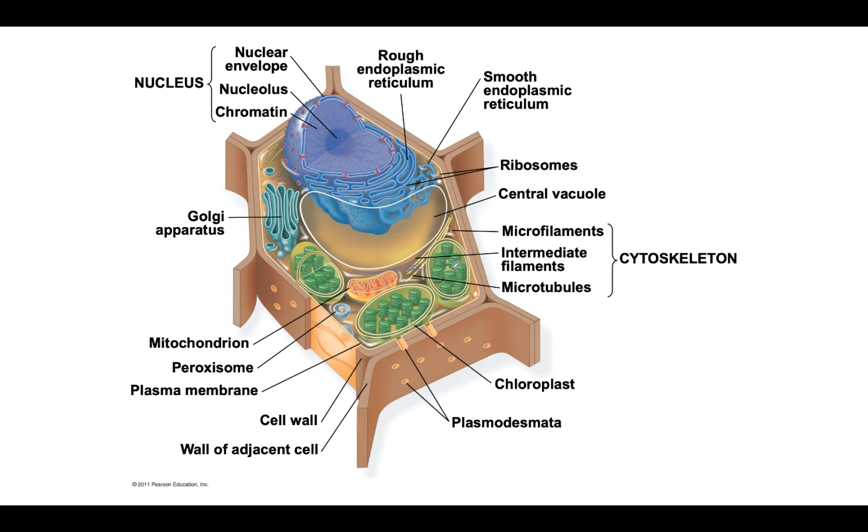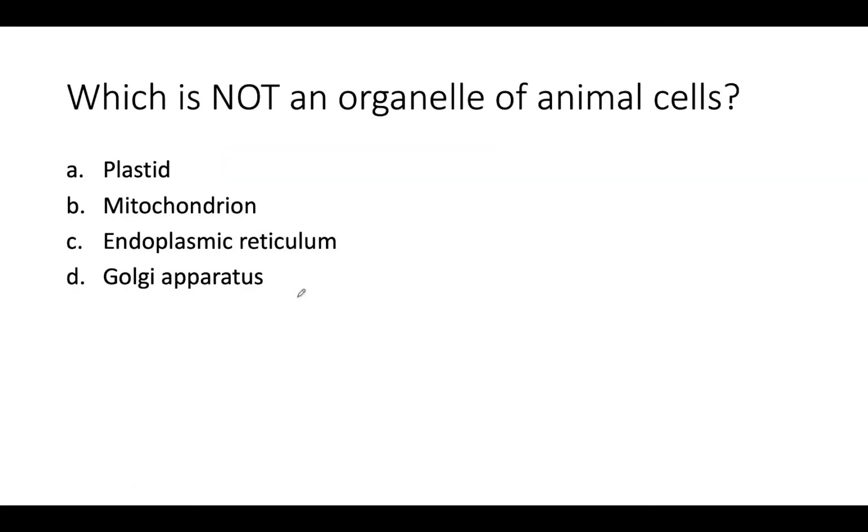You can see chloroplast, also mitochondria, peroxisome. These figures represent a plant eukaryotic cell, which has another organelle compared with an animal cell. Plastid. Chloroplast is one kind of plastid. Animals do not have plastids, so the answer is A.